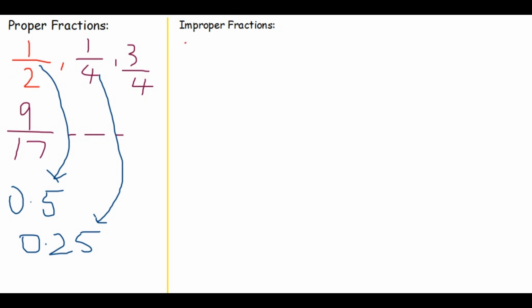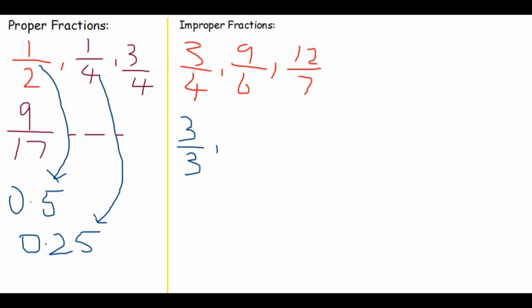Examples include 3 over 4, 9 over 6, 12 over 7. Now all these are improper fractions. More examples include 3 over 3, 4 over 4, and etc. By yourself, please try to think of 5 more improper fractions.